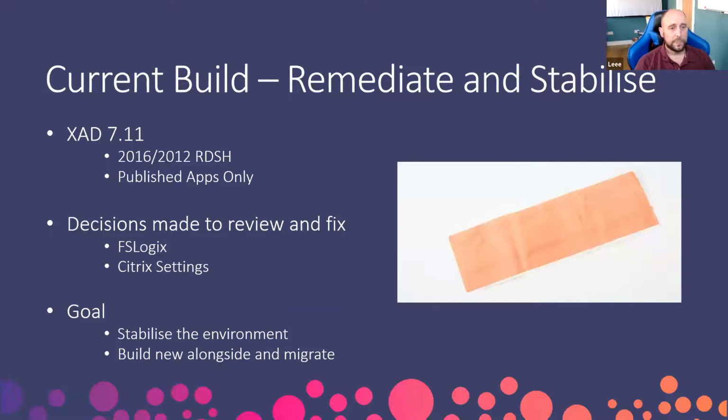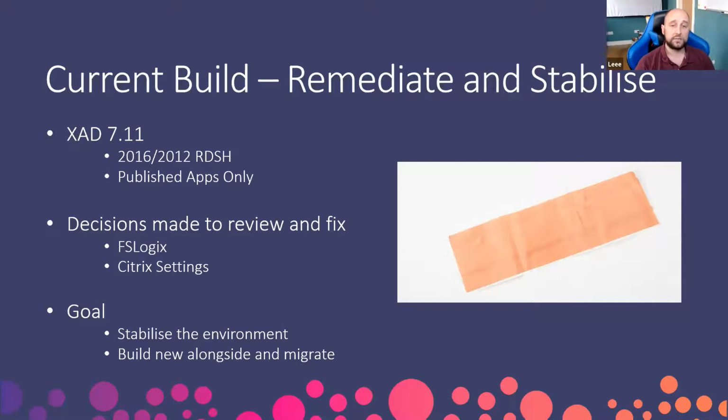So after reviewing all these facts and me providing feedback to management, we agreed that we would immediately address the issue in the current environment. The current environment, just to recap, was XenApp Desktop 7.11, 2016 desktop with a single 2012 server siloed with a specific application.